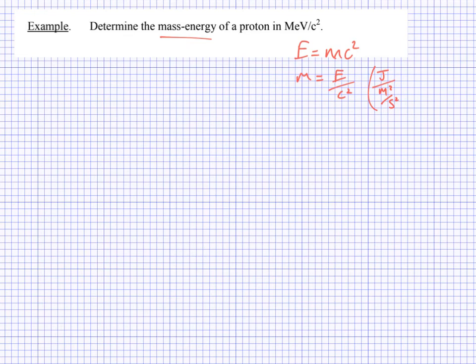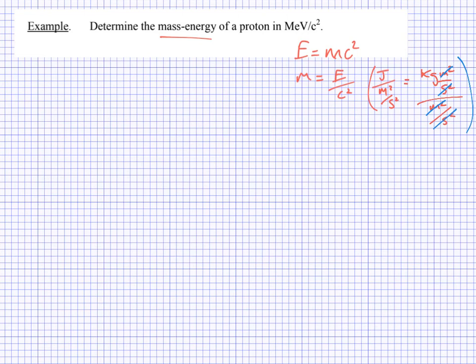And of course, a joule is kilogram meters squared per second squared, and so then you're going over meters squared per second squared. Look at what happens. You end up cancelling all of these out, and you're left with, surprise, surprise, kilograms. So they're really the same unit, just a different way of expressing it.